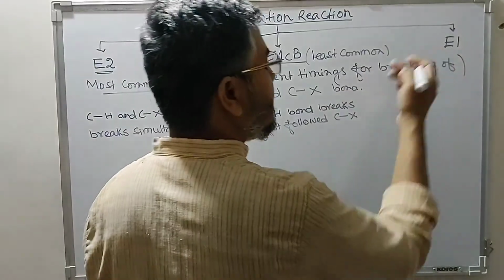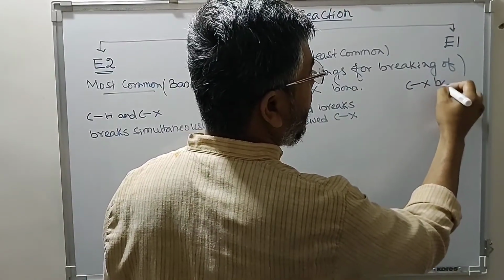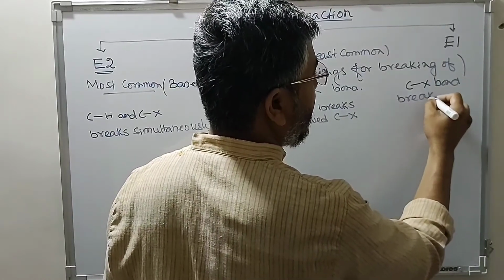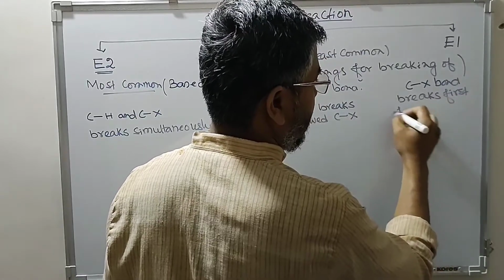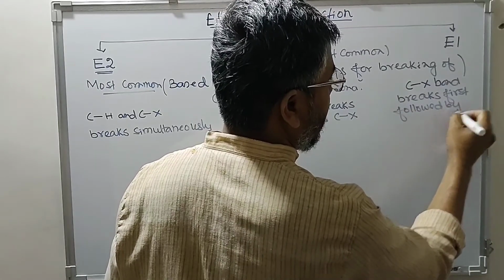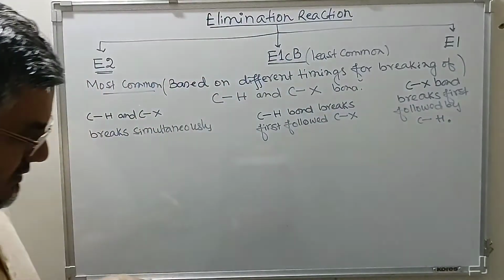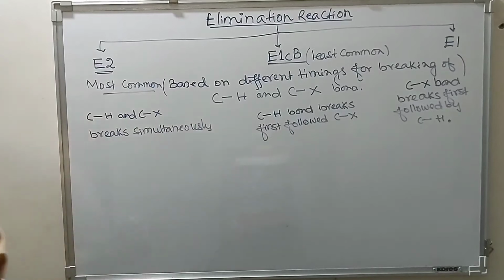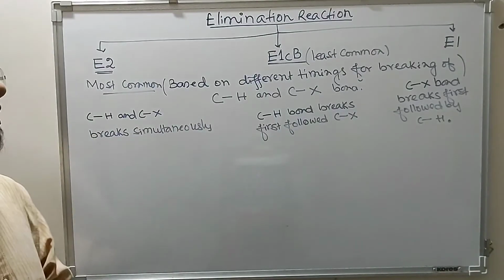In the E1 mechanism, the carbon-halogen bond breaks first, followed by the carbon-hydrogen bond. So this is the basic difference between these three pathways of elimination. So we'll take up one by one.